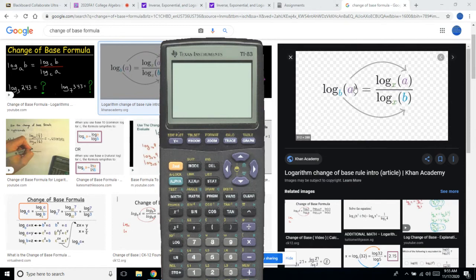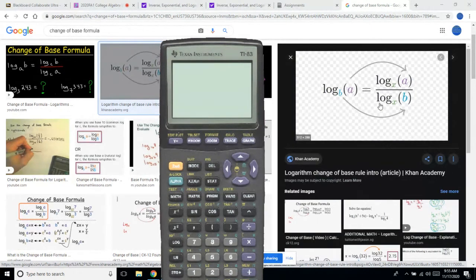So I'm taking my argument, I'm leaving it as my argument, but I'm changing the base to x, divided by the log base x of b. So in this denominator, I'm taking my base, I'm rewriting my base as an argument, and I'm changing my base to x.